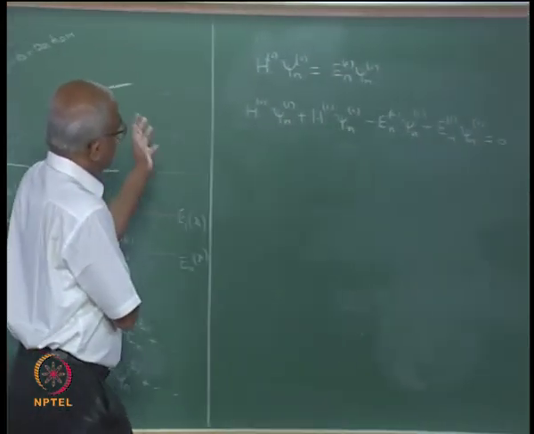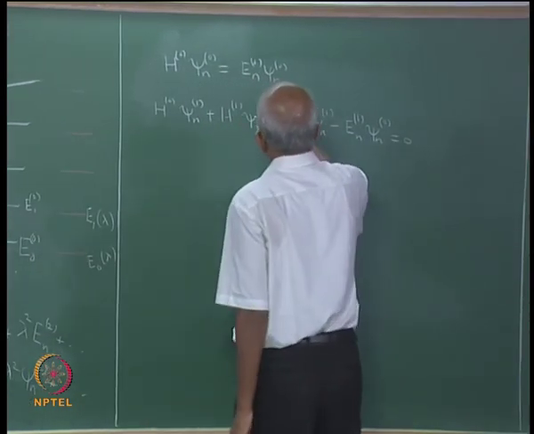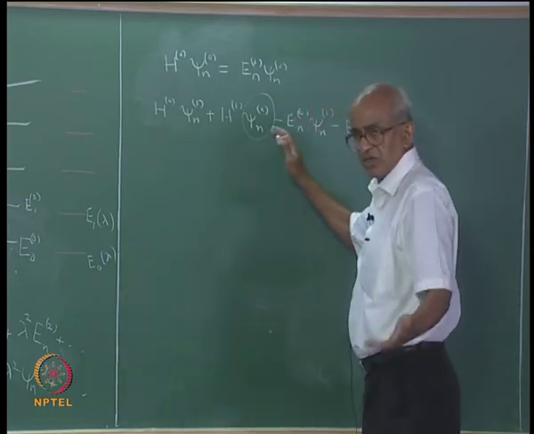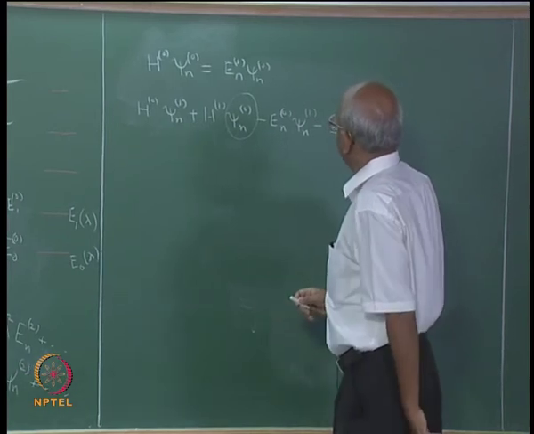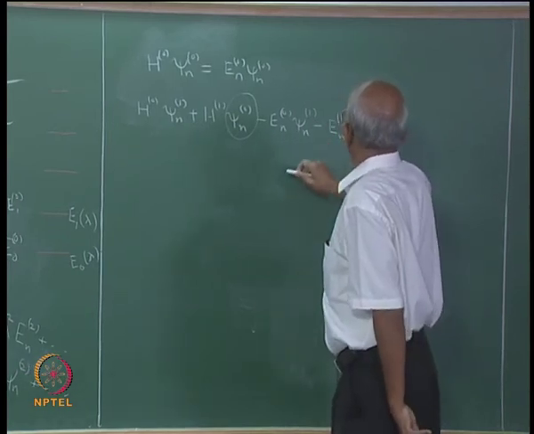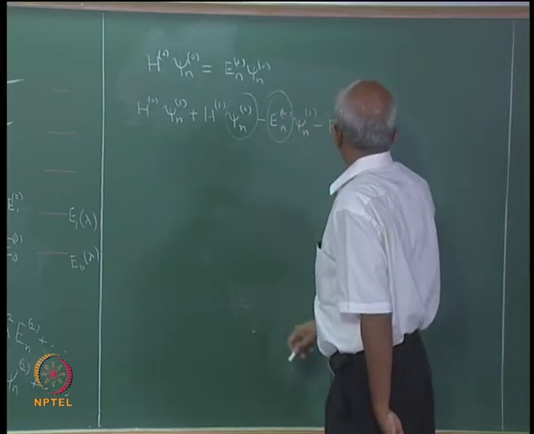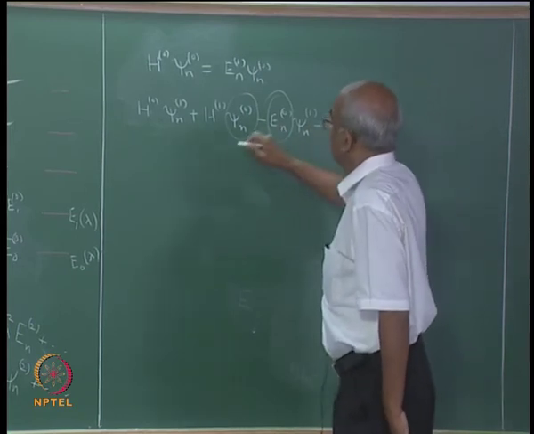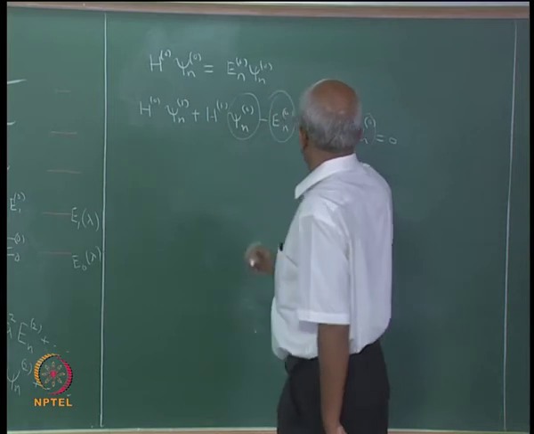Now, in this equation I actually know what psi n 0 is, because I have solved the Schrodinger equation for the unperturbed problem. I know this one, I know this term, that's all that I know, right?